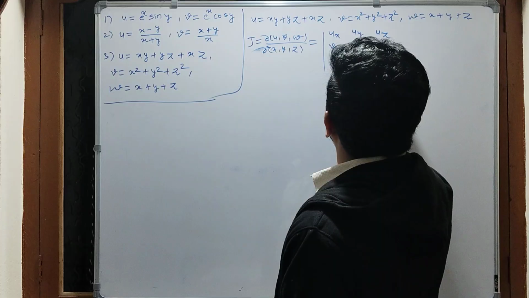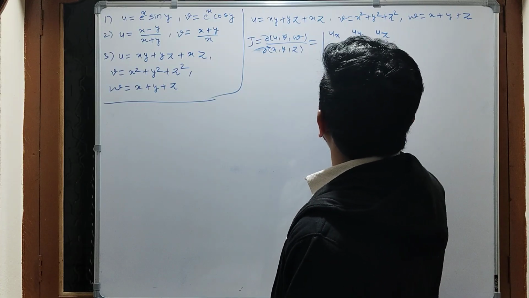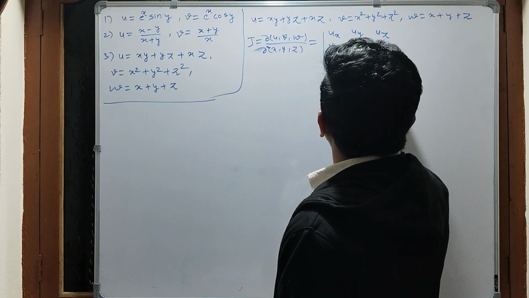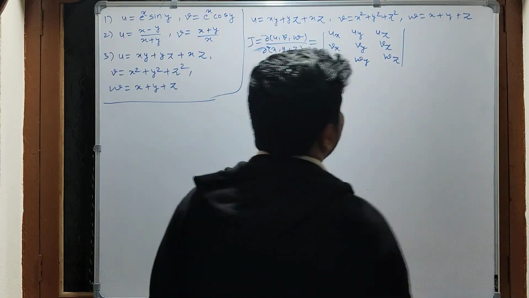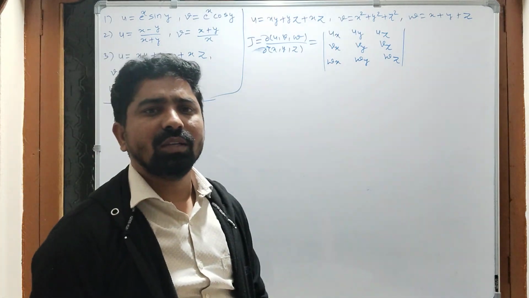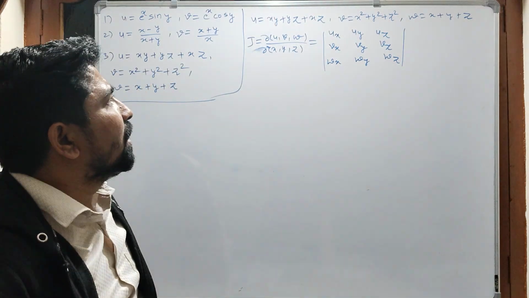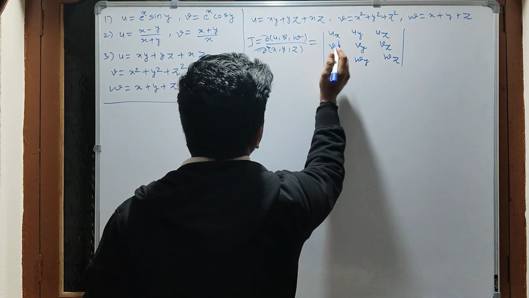Now the third row is wx, wy, wz. So this is my Jacobian in 3 variables x, y, z with respect to 3 functions u, v and w.